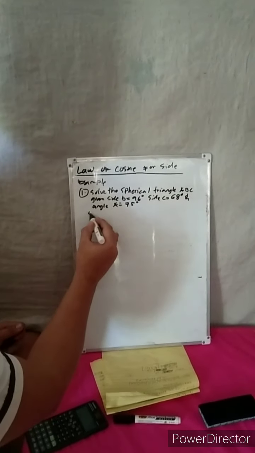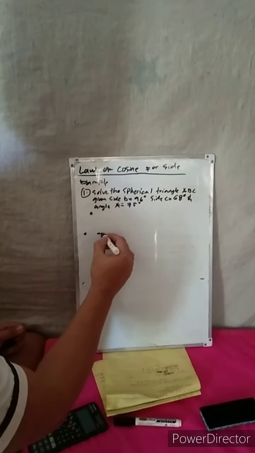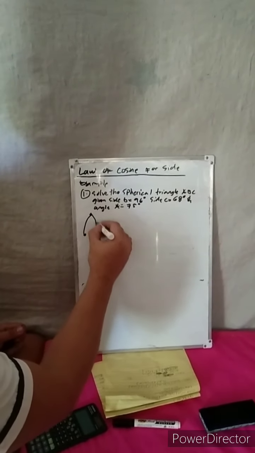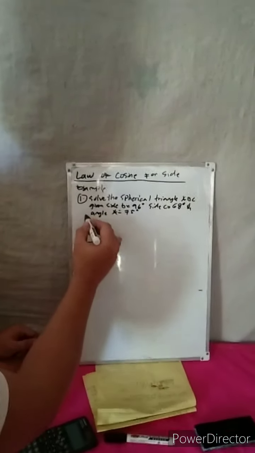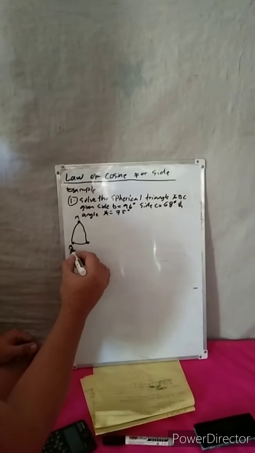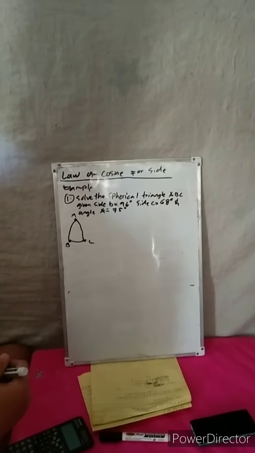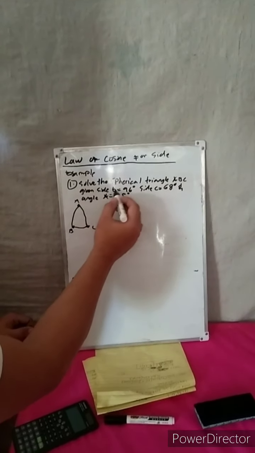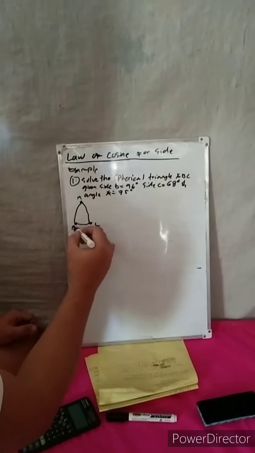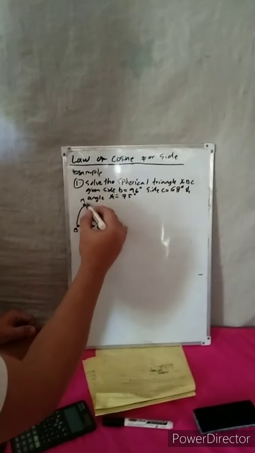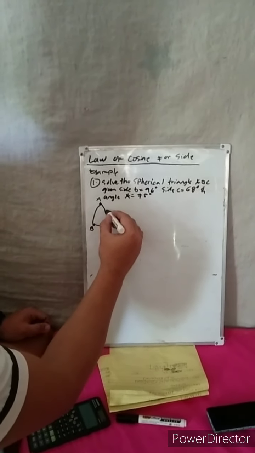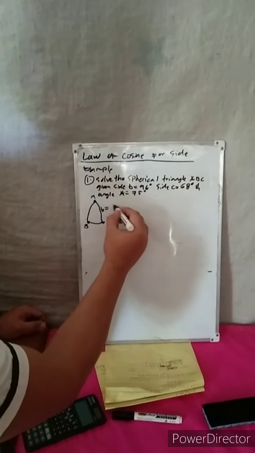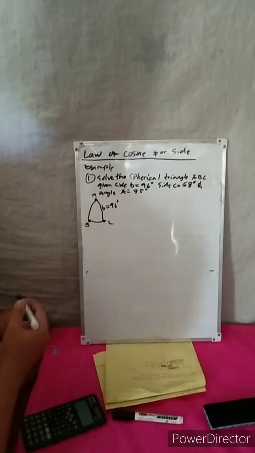So ang ato una nga button, let's draw the spherical triangle. I-analyze nato ang kada side para makita nato dinhi ang ato pangitaon. So mao ni ang point A, angle B, angle C. So sa side B may 96 degree. So from angle A, angle C, tapos angle B, so across angle B we have side B which is 96 degree.